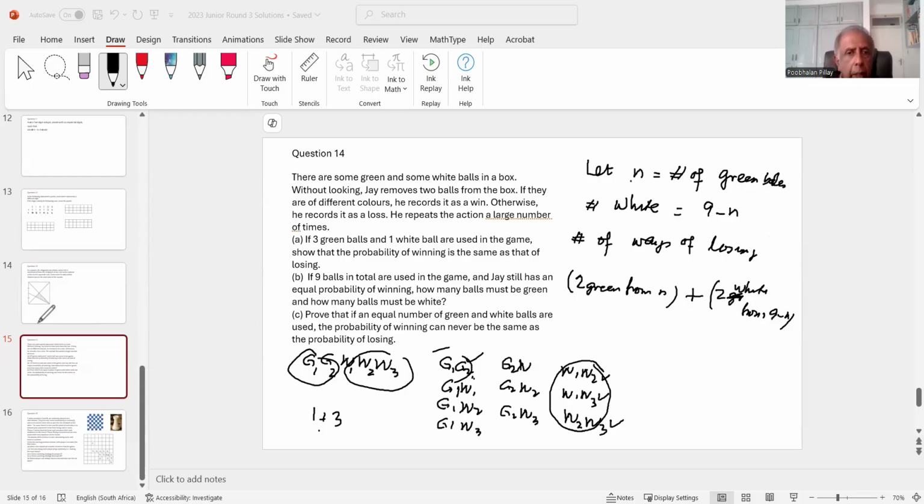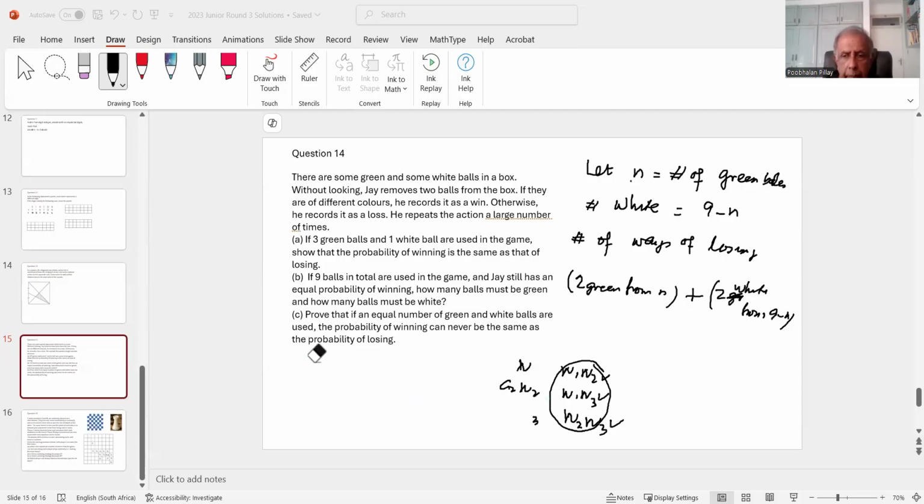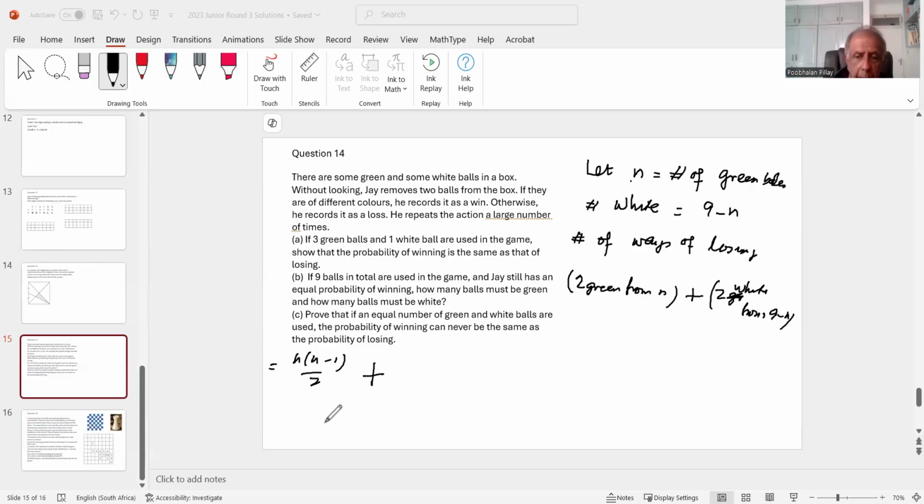Now I need to do a calculation here. To choose 2 from n, I just told you what it is: n into n minus 1 over 2. And the number of ways of choosing 2 from 9 minus n you would add, as we had 1 plus 3 before.